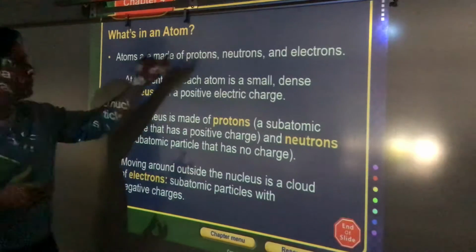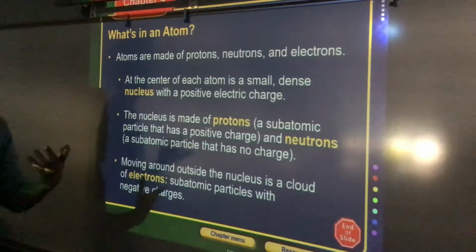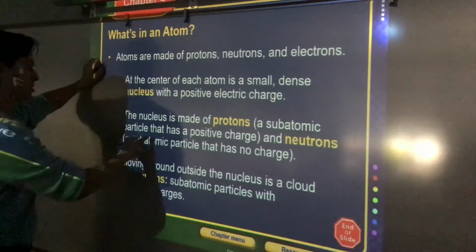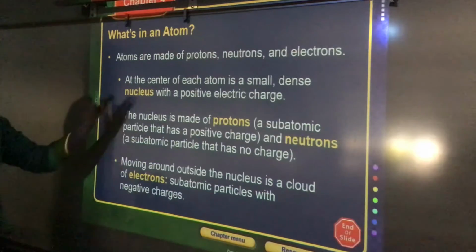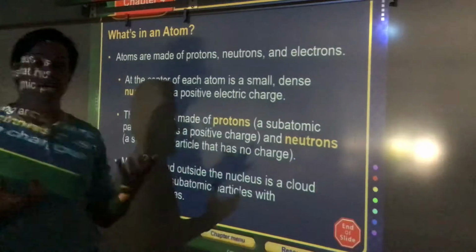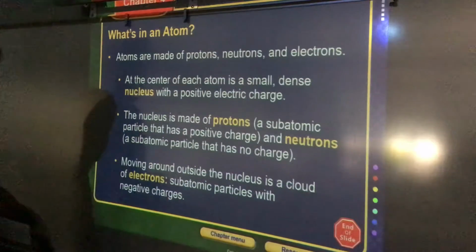So obviously protons make the nucleus a positive charge. The nucleus is made up of protons, which have a positive charge, and neutrons. Or we also call that the atomic mass, or the atomic weight, protons plus neutrons.